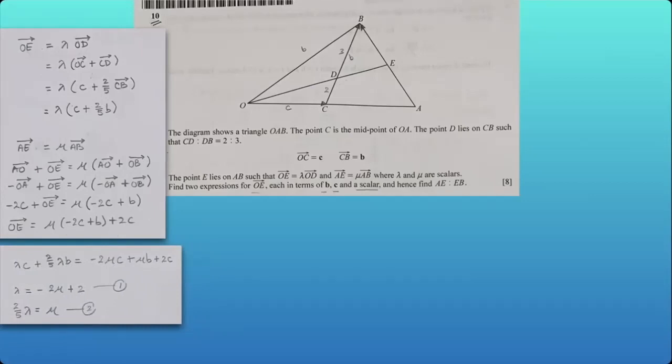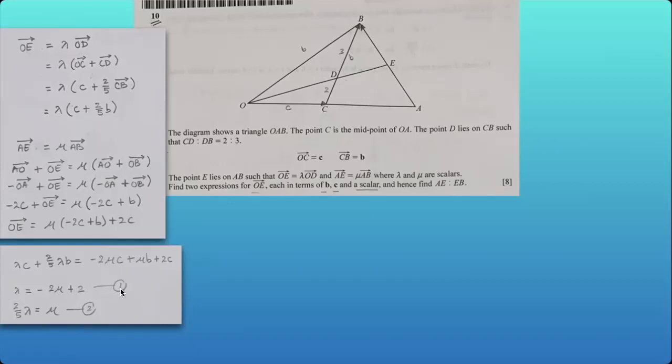Now let's equate them based on their vectors, because here we have vector c and also vector b. Let's begin with vector c first. On the left-hand side, we have lambda, and from the right-hand side, we have minus 2 mu plus 2. Let's call this equation 1.